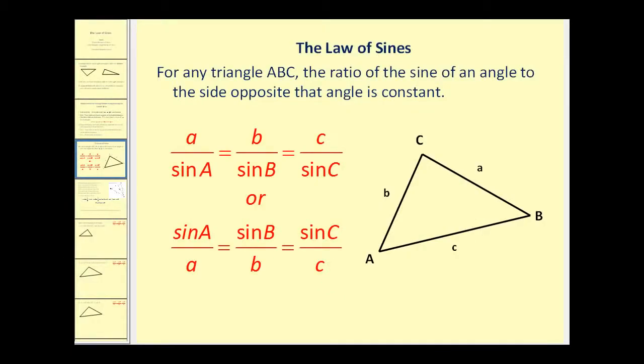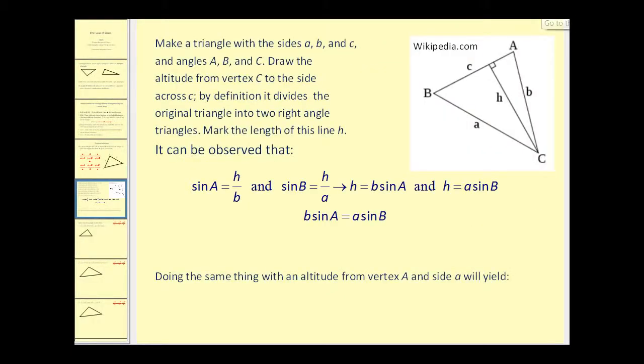Let's go ahead and see if we can actually derive the law of sines. If we have any triangle ABC and construct an altitude from, let's say, vertex C to the opposite side, notice what happens is we form two right triangles, a smaller right triangle and a larger right triangle.